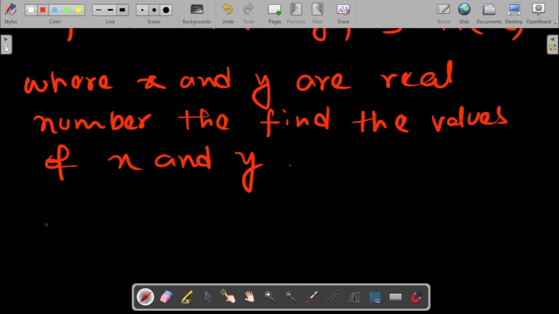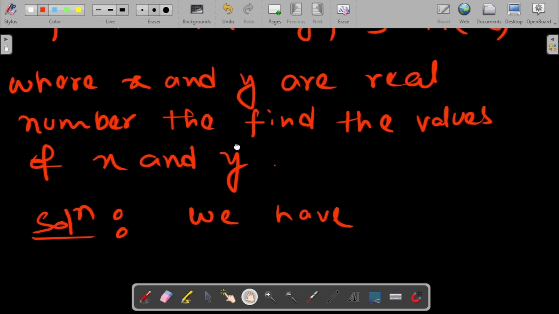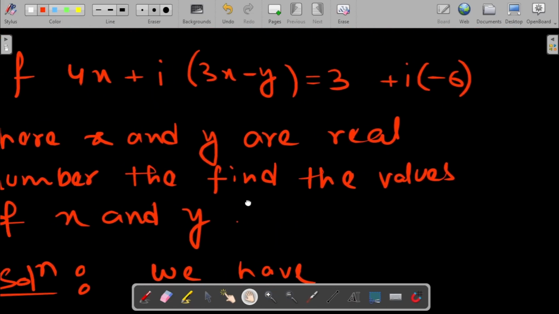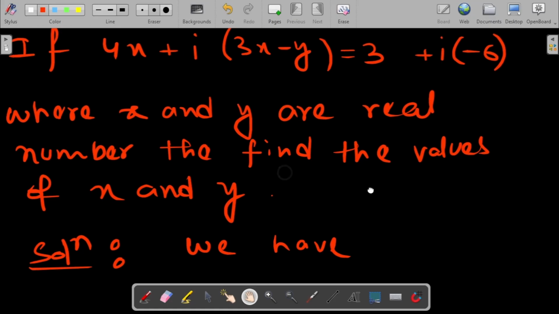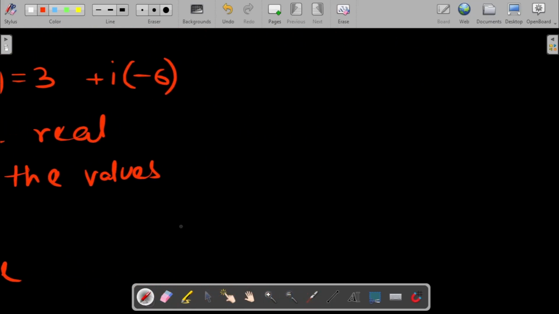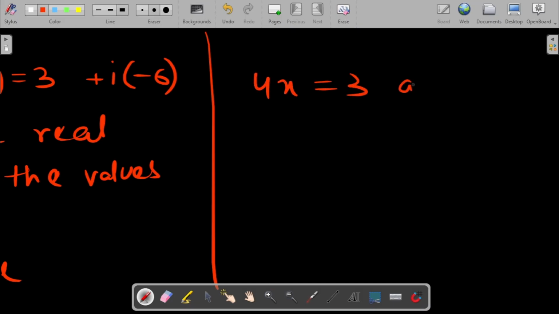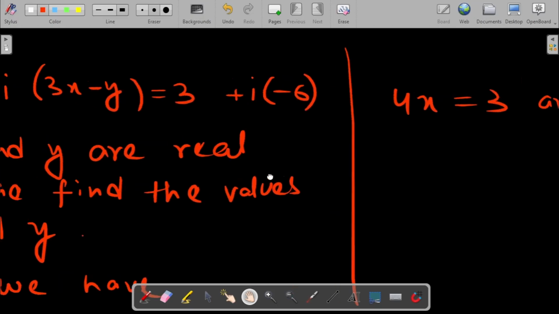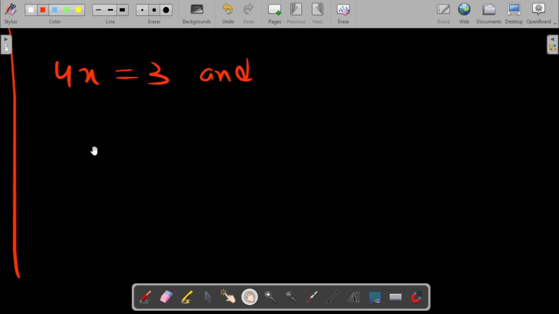So in the solution, we have 4x equal to 3, and 3x minus y equal to minus 6.